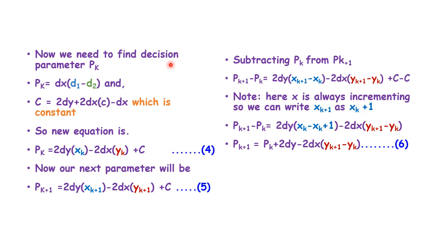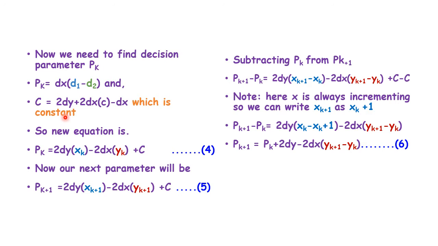Now we need to find decision parameter for y value. So let's say decision parameter as pk. So pk is equal to dx into bracket d1 minus d2, and c is equal to 2 dy plus 2 dx c minus dx, which is constant term.